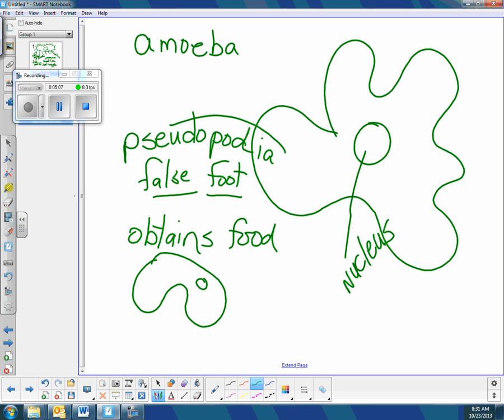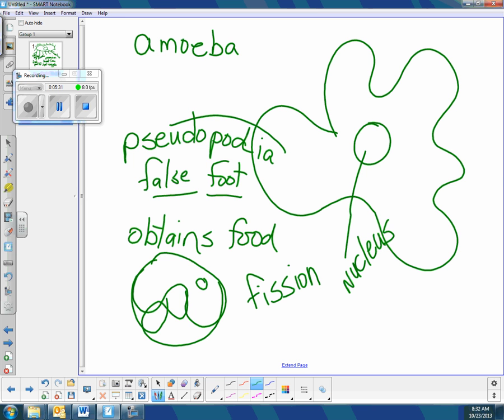Let's pretend that's his nucleus. And he flows around it to get his food. His method of reproduction at this point is also fission, asexual method of reproduction.